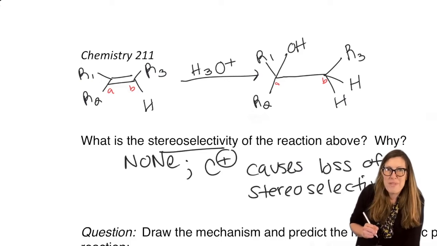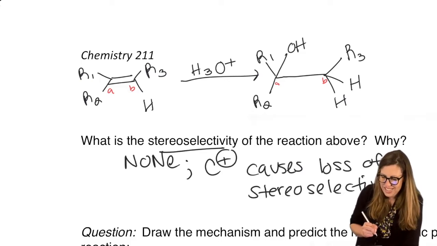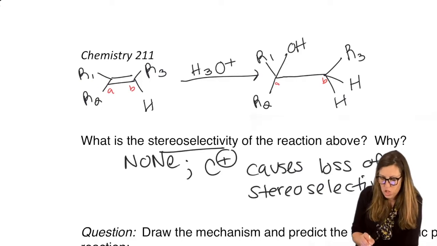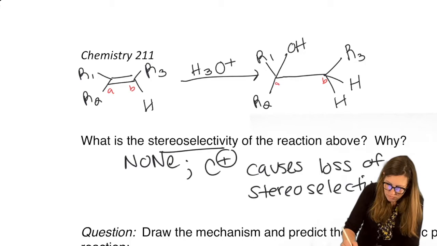That's not all that happened. Do we have a stereocenter here? Do we have a tetrahedral carbon, I should ask, that we have to designate RS to? No, but here we do, right? If R1 does not equal R2, and it doesn't equal this thing, if these are all unique, then yes, we've generated a stereocenter.